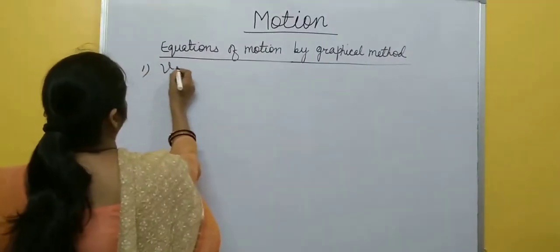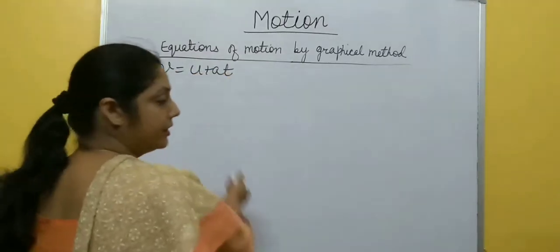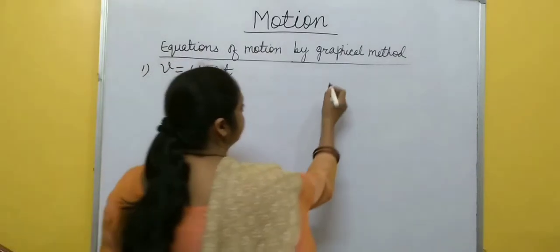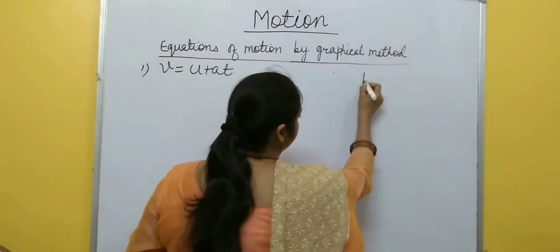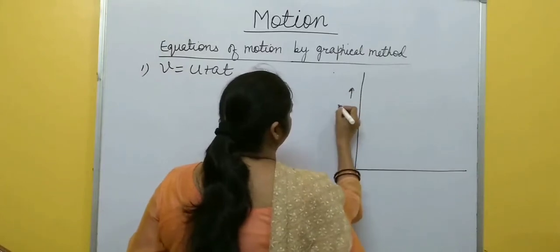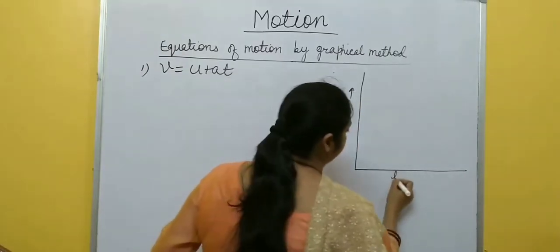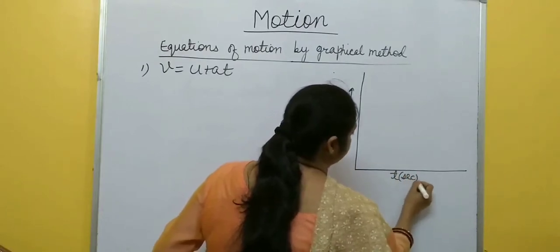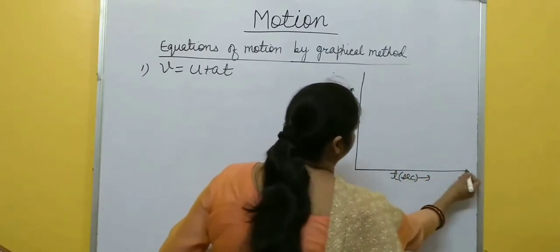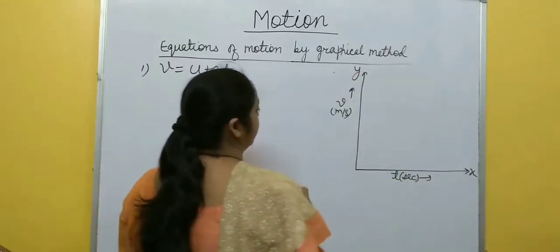First one, v equal to u plus at. So to derive this equation, let us consider a velocity time graph, right? This side velocity in meter per second and this side time in second, right? This is x-axis and this one is y-axis.